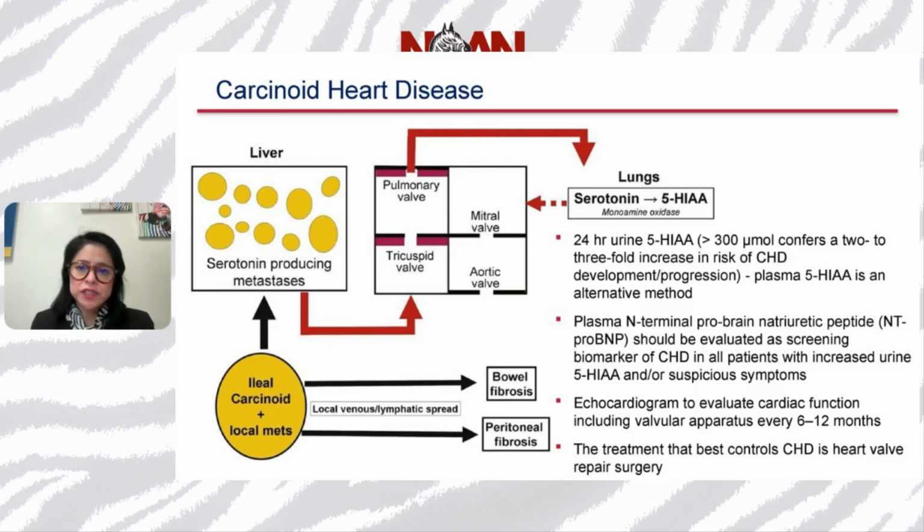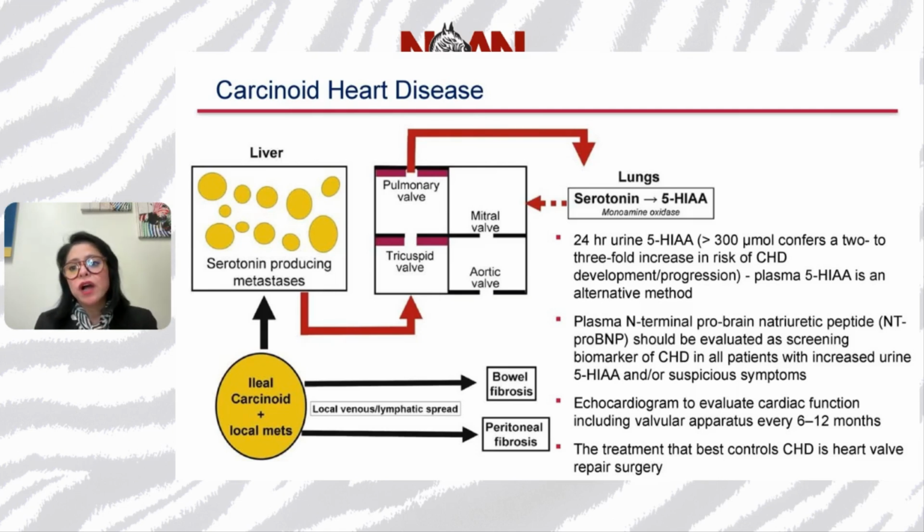But what we know is that with a 24-hour urine 5-HIAA that is 2 or 3 times the upper limit of normal, there is a risk of developing carcinoid heart disease. In those situations, it's recommended to have a screening echocardiogram. You need to see a cardiologist, and the cardiologist will request an echocardiogram that can be done anywhere from every 6 to 12 months, or every 1 to 2 years, depending on the patient and how often it's needed.